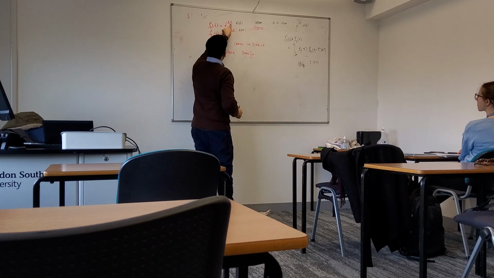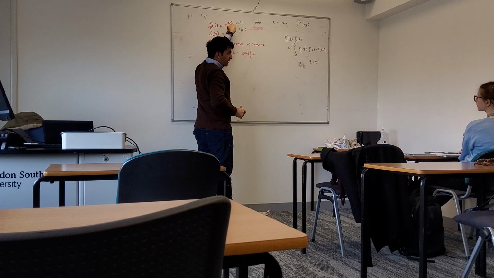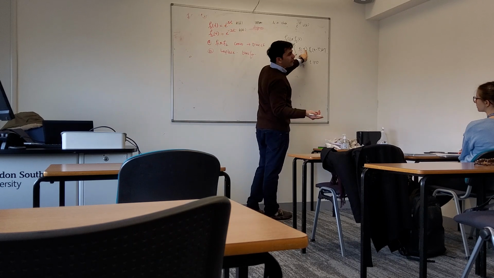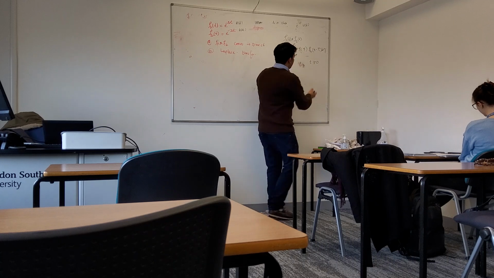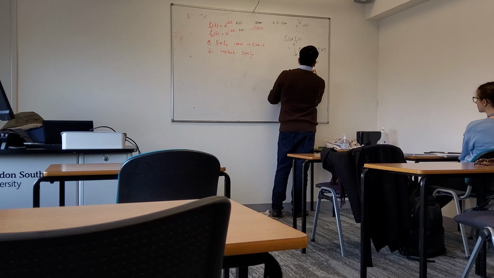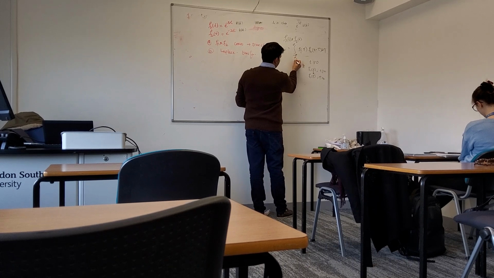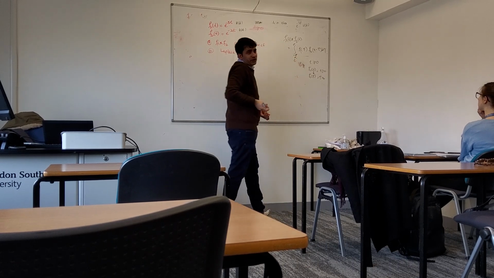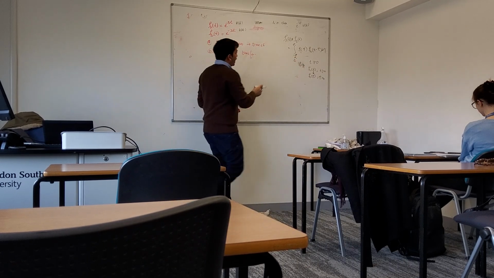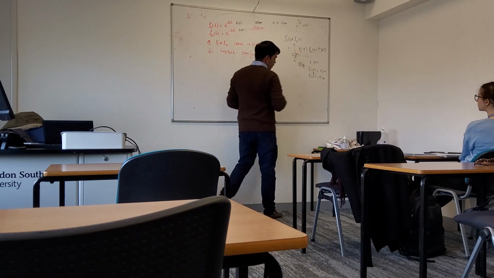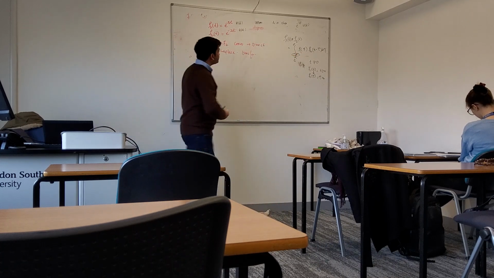Here I mean tau is greater than or equal to 0, right? So for f1 of t, now f1 of t is replaced with f1 of tau. If t was greater than or equal to 0, here tau would be greater than or equal to 0. So this lower limit is not true. It cannot be negative, right? So I can change this limit to a new limit, which is 0.